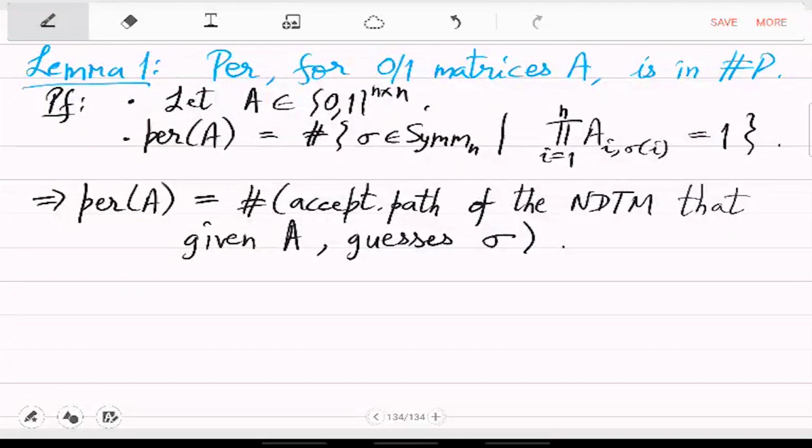So the number of these correct sigmas will be the number of ones, others are zeros, the product will be 0. That is why we needed 0 or 1 entries. Hence we conclude that permanent 0 1 is in Sharp P.